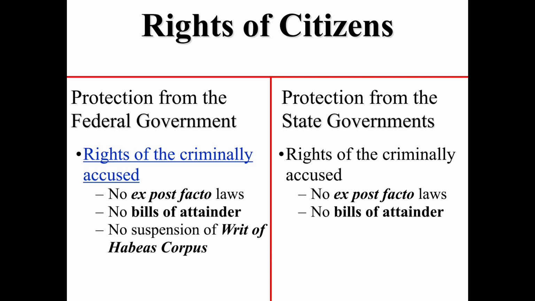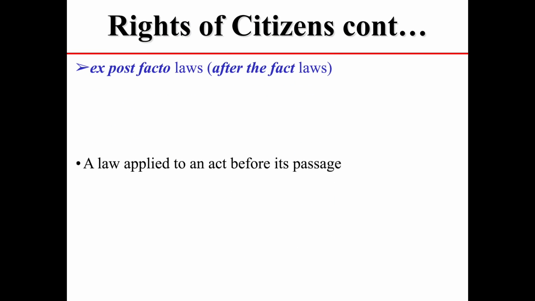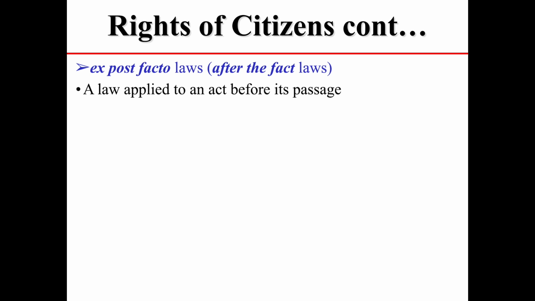So what is an ex post facto law? Ex post facto is Latin for after the fact. And this would be a law applied to an act before its passage. In other words, you cannot be punished for something that was not illegal when you did it. So an ex post facto law would be a law that was created to bring punishment to somebody that had committed the crime before the law was passed.